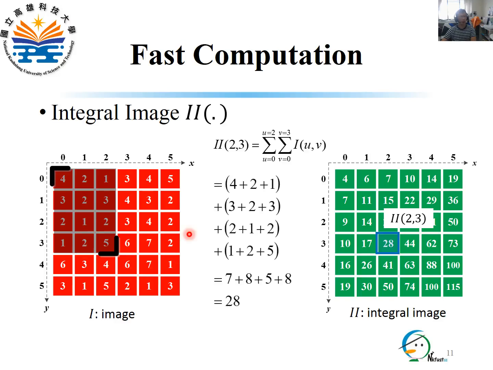Accordingly, II(2, 3) is equal to 7 plus 8 plus 5 plus 8 and equals 28. The computation of the integral image is beyond the scope of this video. You can refer to the other video called the integral image in our channel for detail.